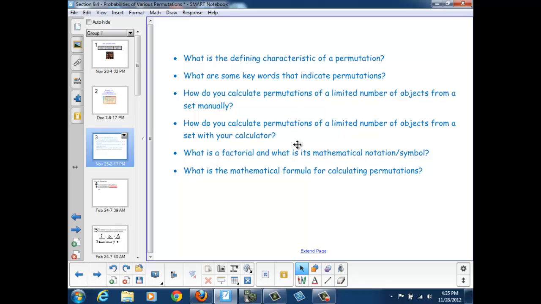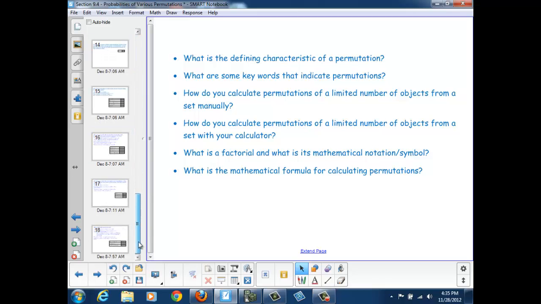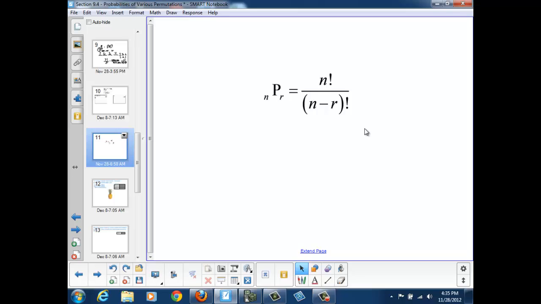A factorial is the product of all the numbers from 1 to a certain number, and its mathematical notation is an exclamation point. What is the mathematical formula for calculating permutations? Well, the formula is n factorial over n minus r factorial, where n stands for the number of objects in the set, and r stands for the number of selected objects from that set.